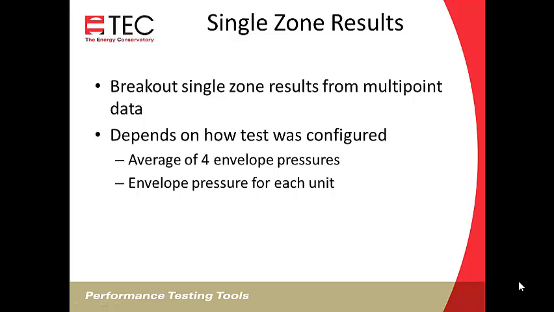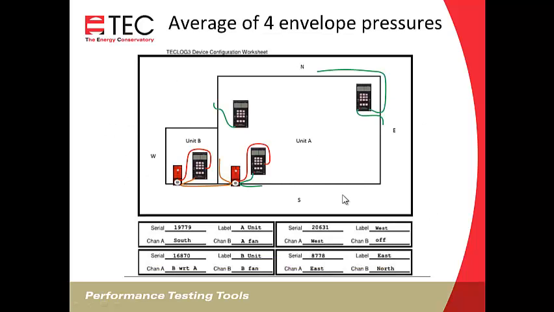So in the first example I used, we're showing the configuration worksheet where we've got 4 gauges and 2 blower fans. Our primary zone is unit A, and all of our envelope pressures are being referenced to unit A. That's important that we do it that way. It'll speed up our test and make it easier to understand.